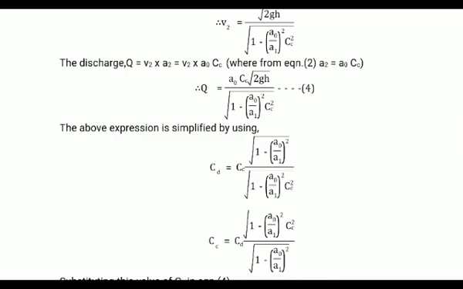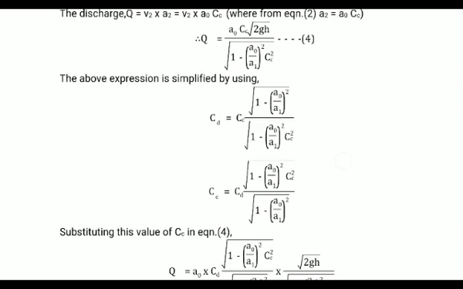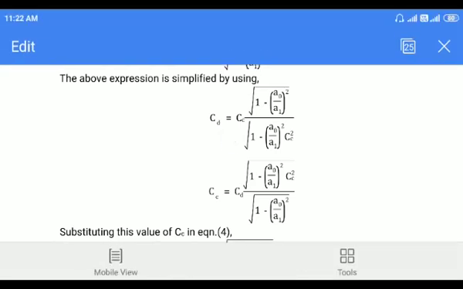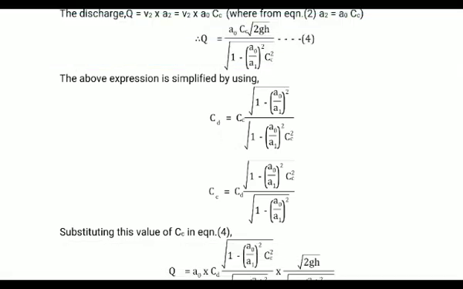The above expression is simplified, so you have to simplify it here. Therefore Cd is equal to Cc into the square root of 1 minus (A0 divided by A1) whole square, divided by the square root of 1 minus (A0 divided by A1) whole square into Cc square.